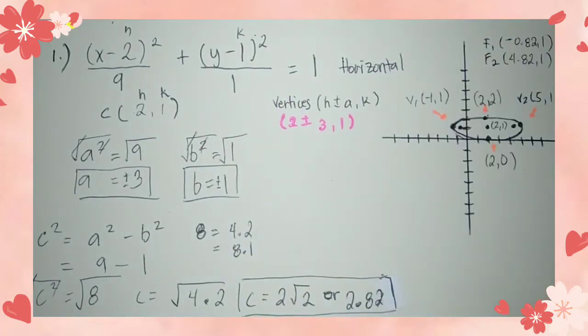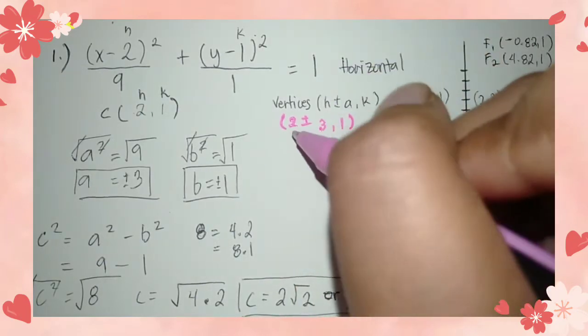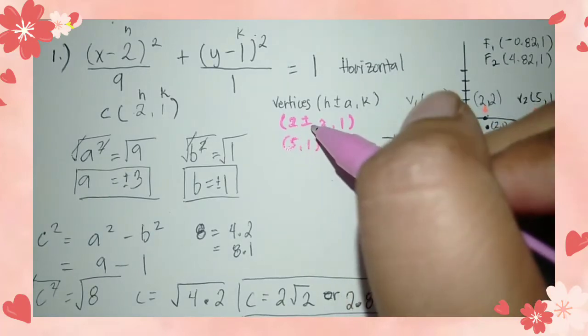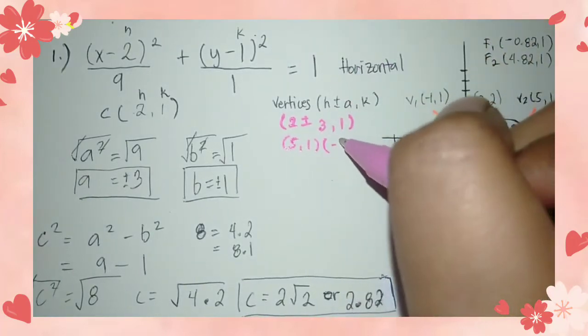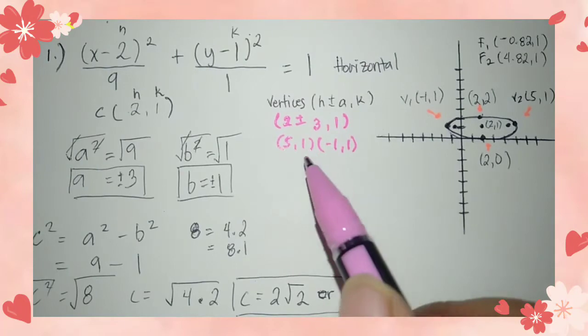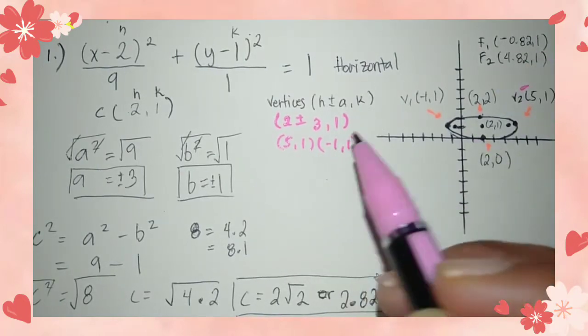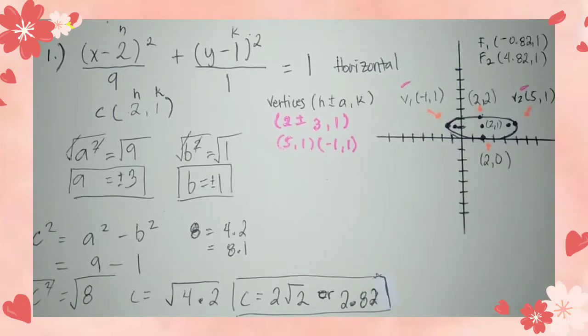And of course, ang gagawin natin diyan is paghihiwalayin lang natin. So, we have 2 plus 3 is 5 and 1. And of course, 2 minus 3 is negative 1 and 1. We have positive 5 and 1. Ito siya. Check. And negative 1 and 1. Check also.